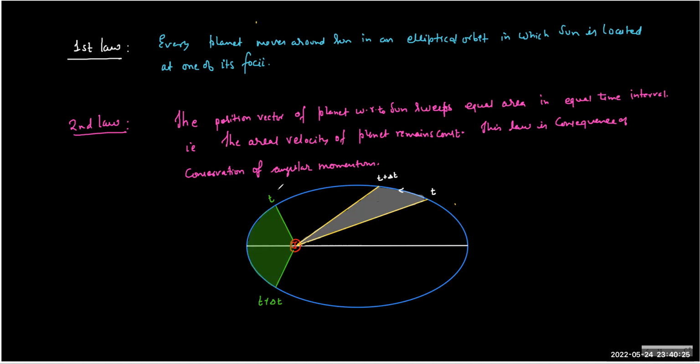If I call this area A, this must also be A. So no matter how far or how close you are, you will sweep the same area in the same interval, no matter what.